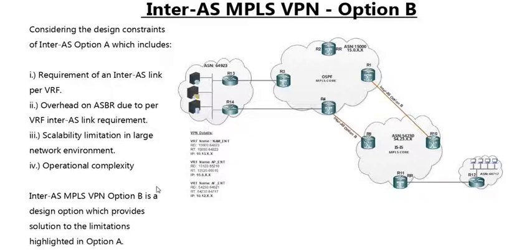With this, you are able to provide a scalable solution that spans across multiple service providers and also still deliver your service to the customer. Remember, inter-AS MPLS VPN is basically a connectivity solution.